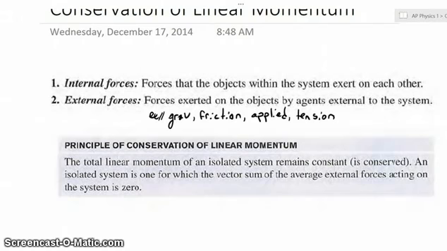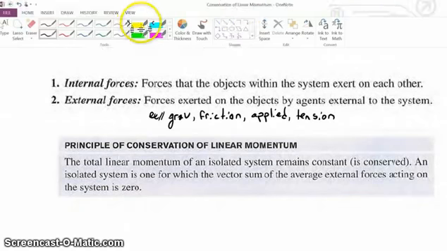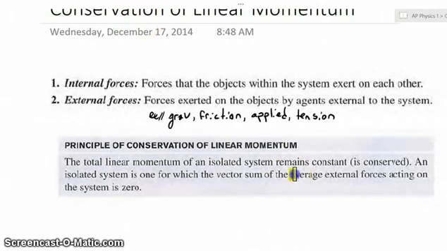So with those two definitions, the principle of conservation of linear momentum says the total linear momentum of an isolated system remains constant, meaning it's conserved. An isolated system is one for which the vector sum of the average external forces acting on the system is zero. So what does that mean? It's telling us that as long as the sum of all the external forces is zero, then the system is isolated.